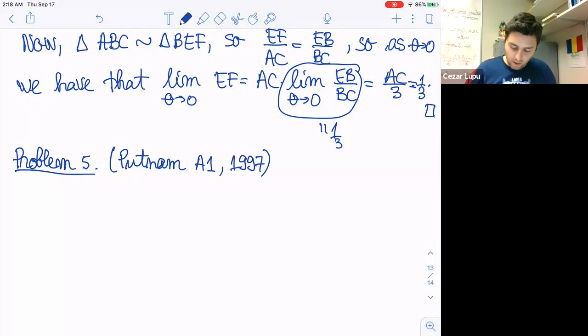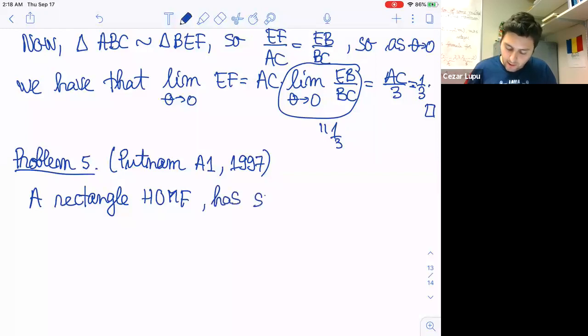And the problem says the following: a rectangle HOMF has sides. Again, it's a similar problem in the sense that you need to draw the picture so that you can see it better. But anyway, let's state it first.